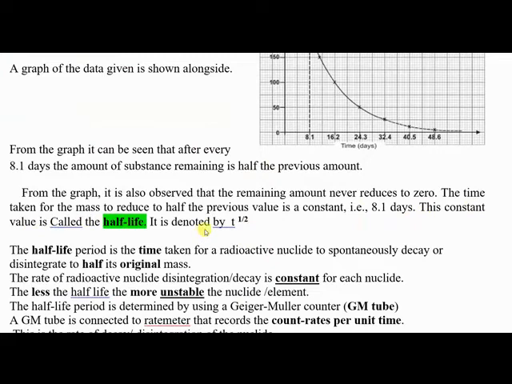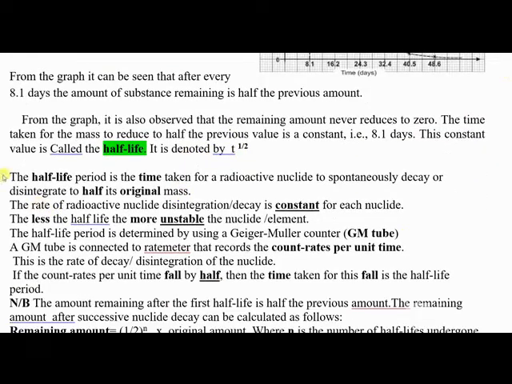Therefore, you need now to know what is a half-life. Read, repeat, and understand what is a half-life. So a half-life is the time taken for a radioactive nuclide to spontaneously decay to half its original mass.